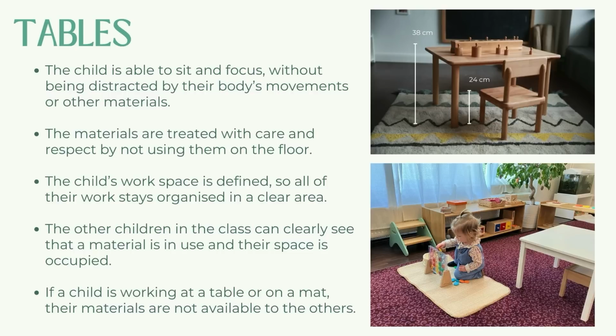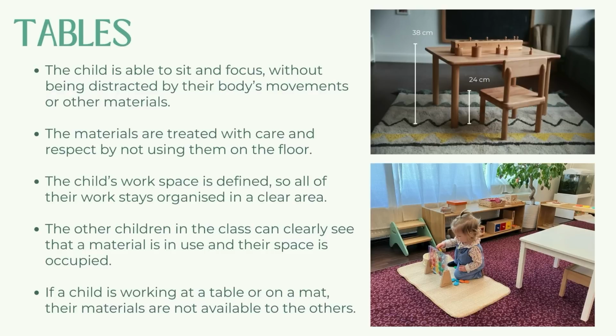And in addition to the work tables, you need a set of small working mats for the children to use on the floor. Every time a child is working with a material from the shelf, they either take it to an available table, or first they take a work mat, unroll it, and then they bring their material to the mat. This serves several purposes.